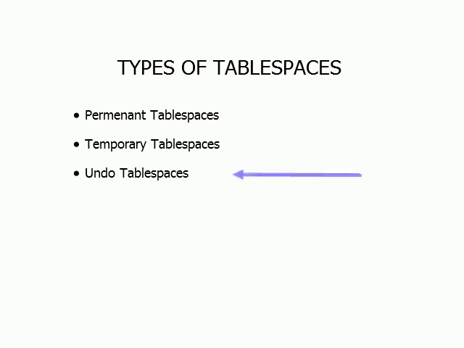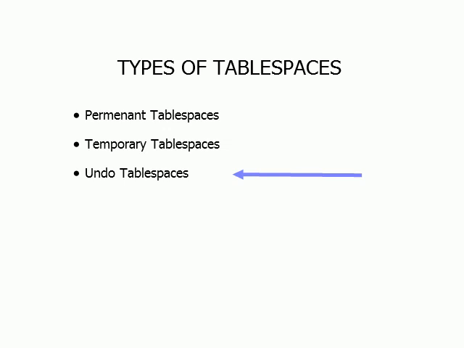Undo table spaces are used by Oracle Database to manage undo data if you are running your database in automatic undo management mode. Undo table spaces provide read consistency for select statements that access rows of tables that are in the process of being modified.